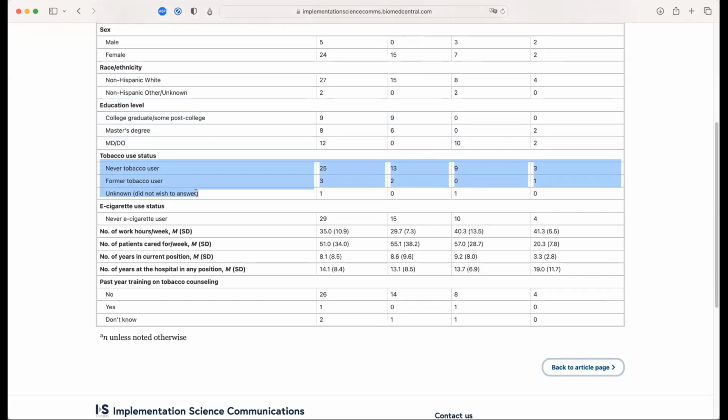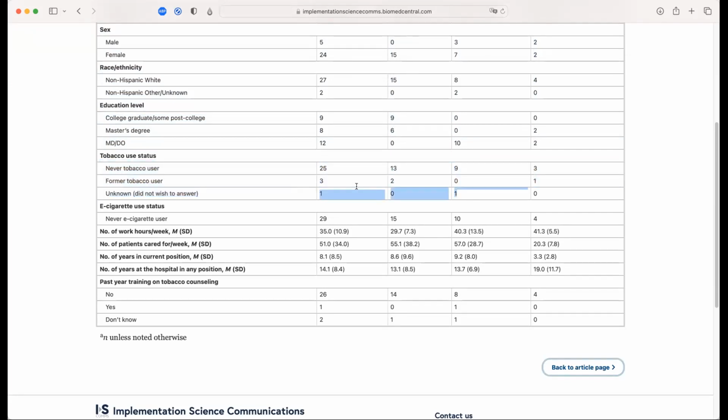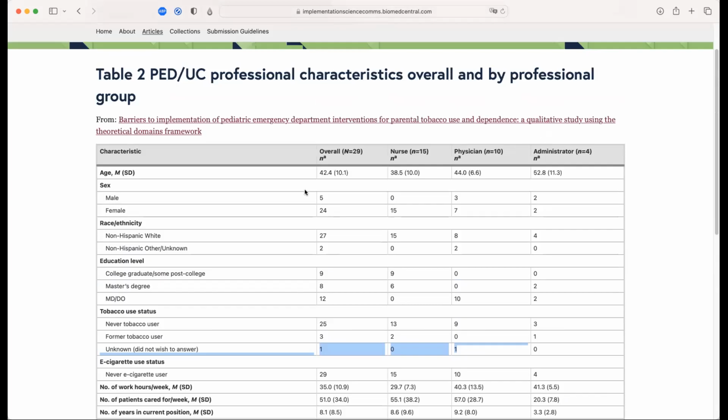about their tobacco use. And you can see, here's a case. 2 people decided that they did not want to answer that. Now that's 2 people out of a larger set. I'm sorry, that's 1 person. This column here is breaking down physician. So 1 person out of 29, somewhere around 3.4, 3.5%.